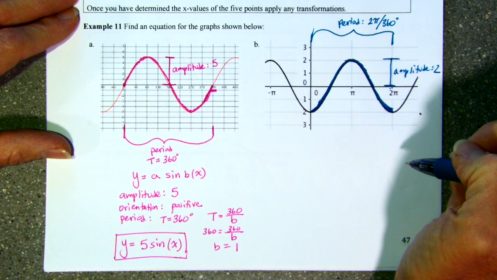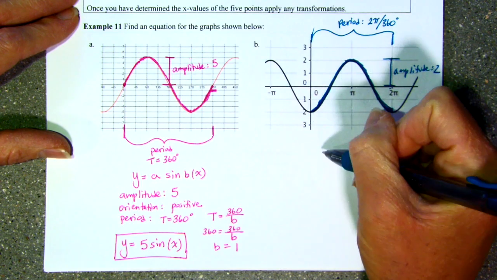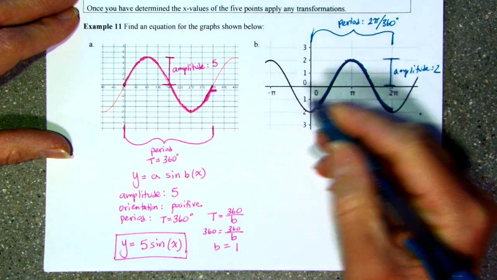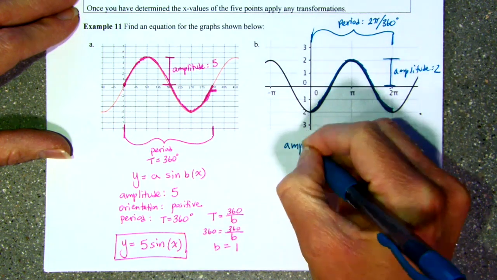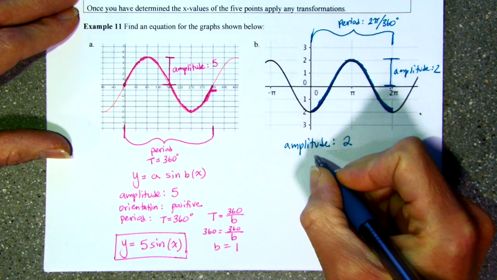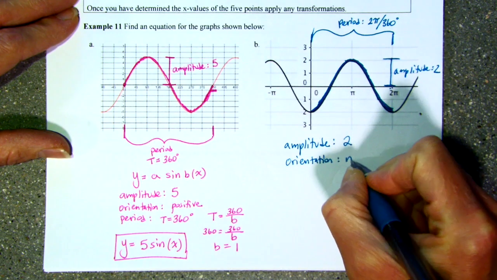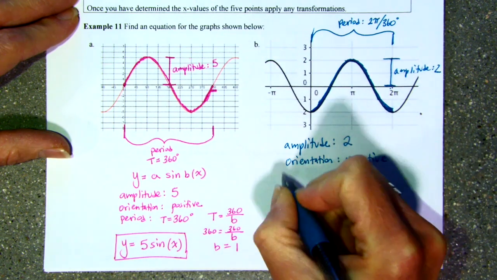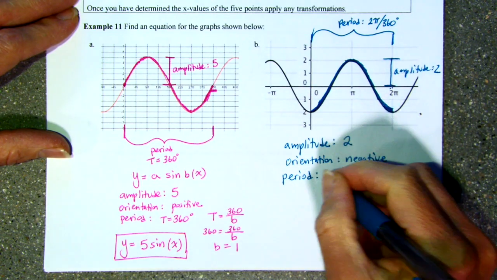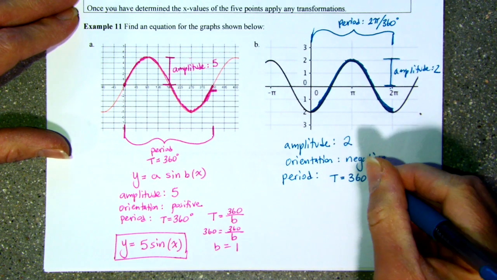And then our orientation this time, it starts down at the bottom of a wave. This is a reflected cosine. Usually cosine starts at the top and goes down and then up. So our orientation here is negative. So our amplitude is going to be 2. Our orientation is negative. And our period, again for this one, happens to be our b is 1 because our T is 360 degrees.